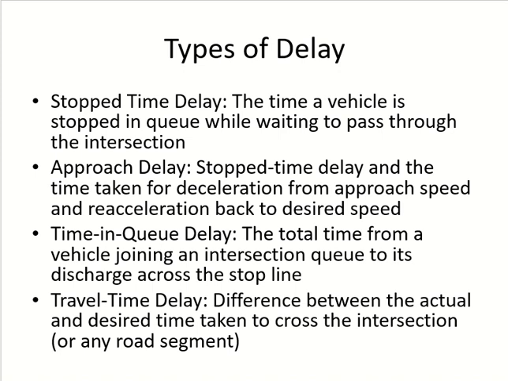Tell me what? Acceleration, deceleration, and what else? Stopping. So when you are coming to the intersection, you see the signal, you see the stop sign, whatever, and you start to decelerate. Your approach delay started. You may have to stop.